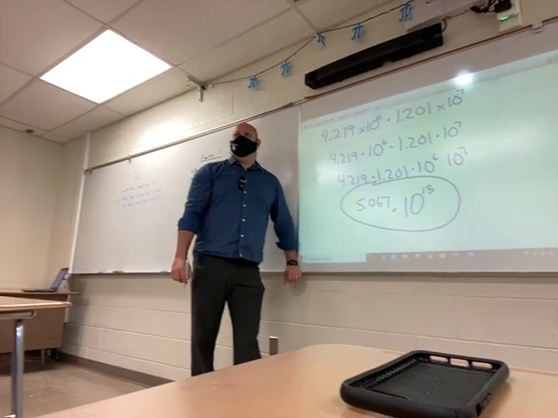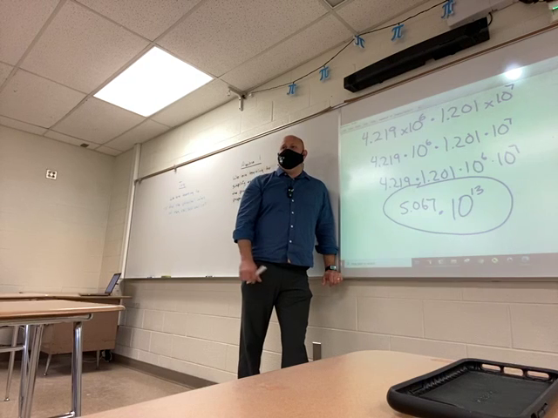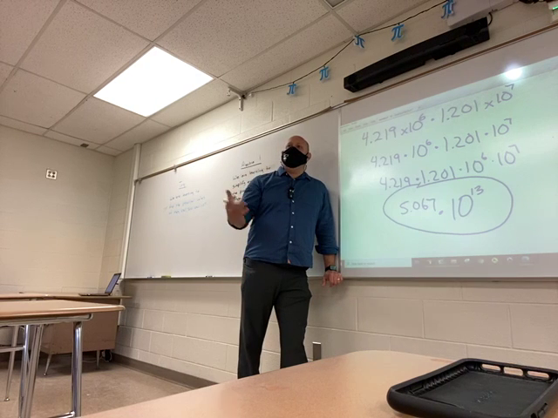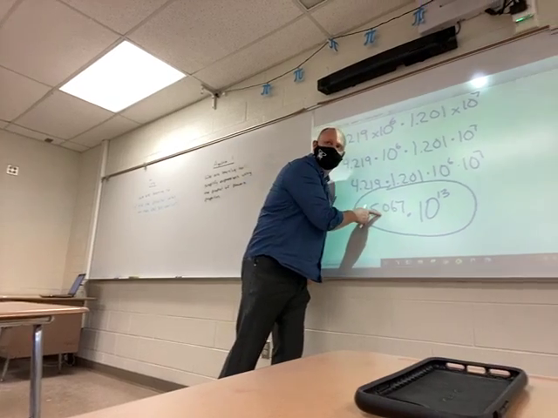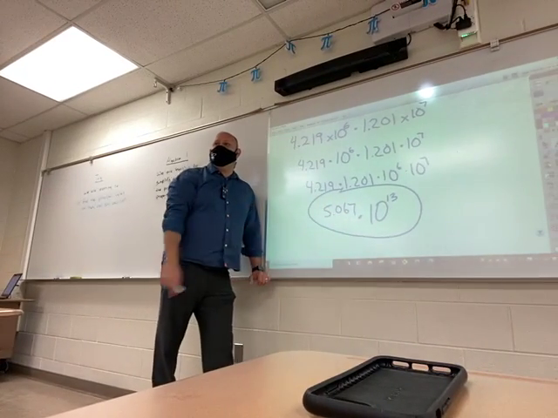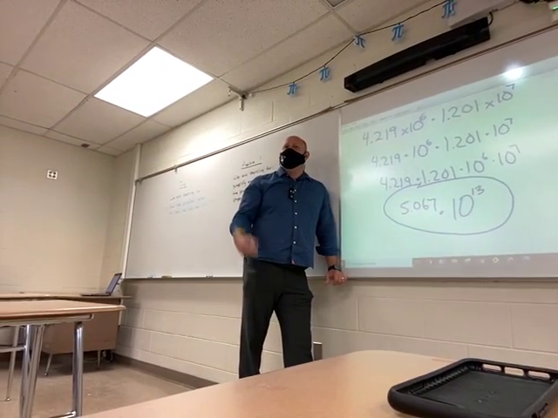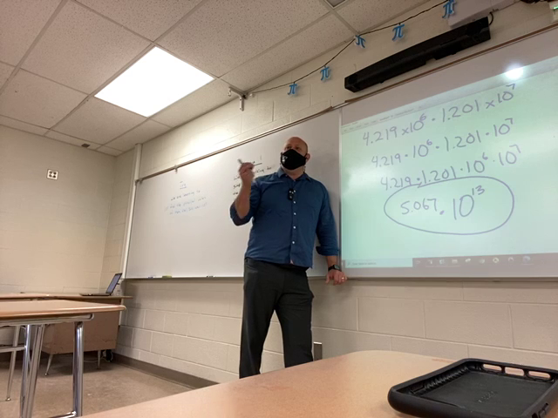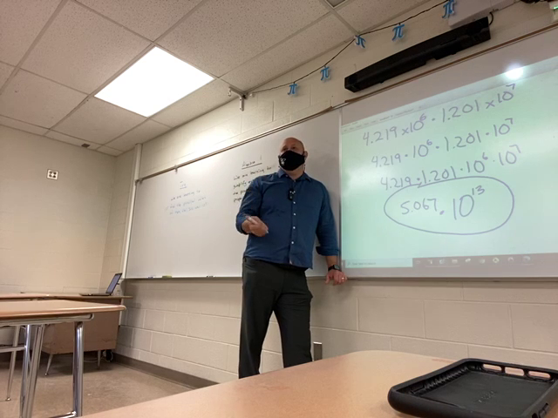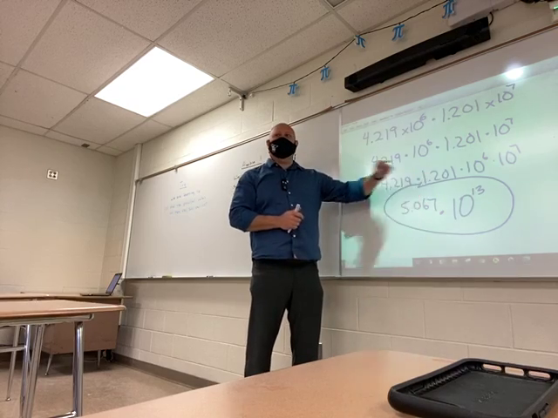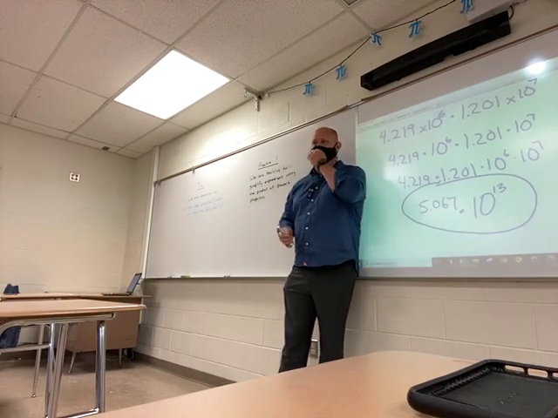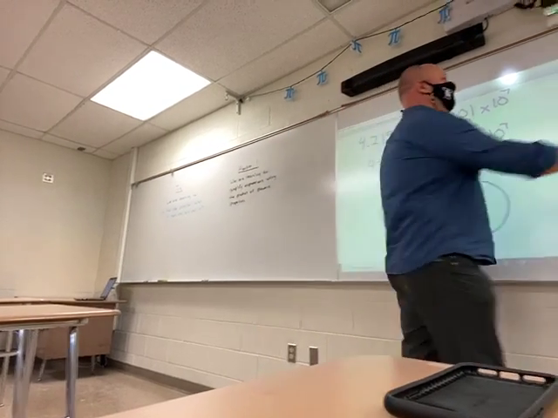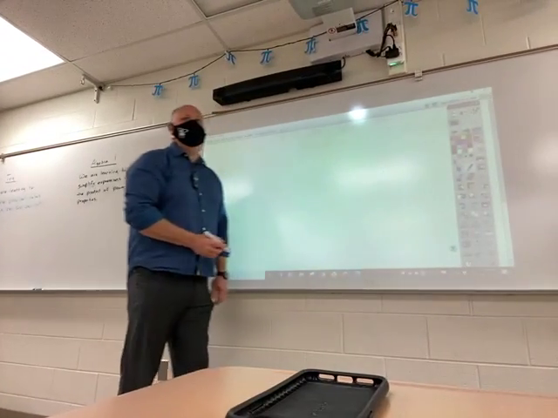There's your answer in scientific notation. If you wanted to take it out, what's the only thing you'd have to do? Move the decimal 13 times to the right. So what scientific notation combined with this first property allows us to do is multiply really, really, really big numbers and really, really, really small numbers very, very easily.